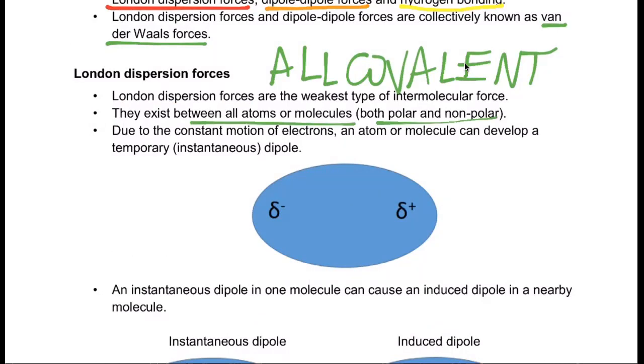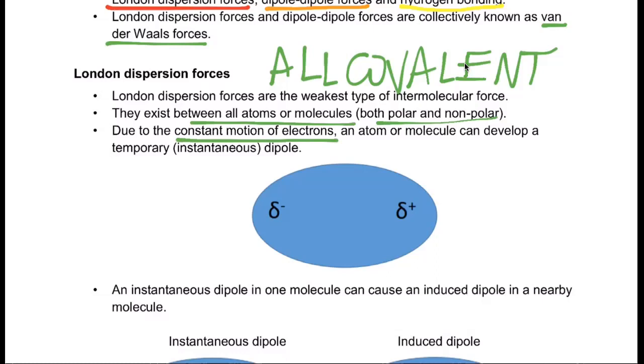The reason that all of them have it is that this is due to the motion of electrons, and all of our atoms and molecules have electrons. That's what allows them to bond together. It's caused by the constant motion. We know the electrons are outside of the nucleus, they're constantly moving, and they move really, really fast. Sometimes more of the electrons are on one side of the atom or molecule than the other.